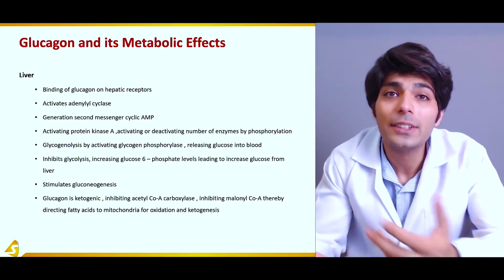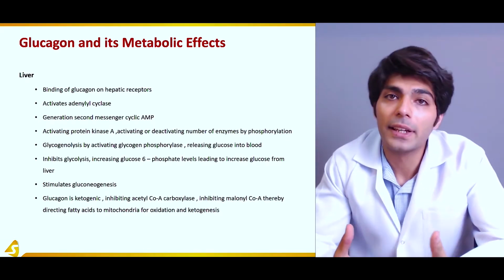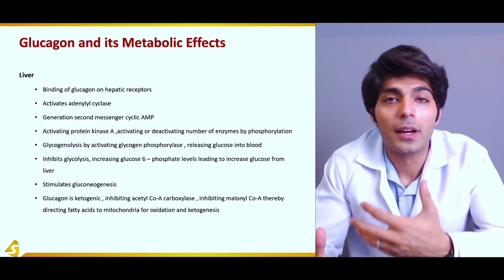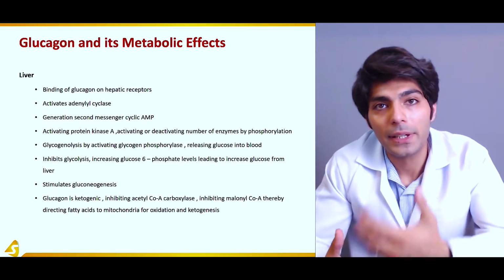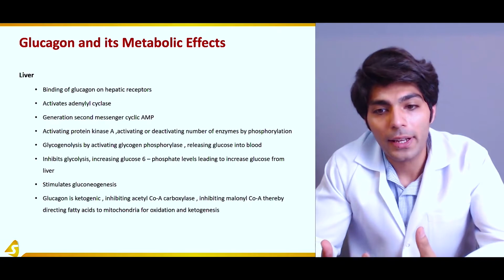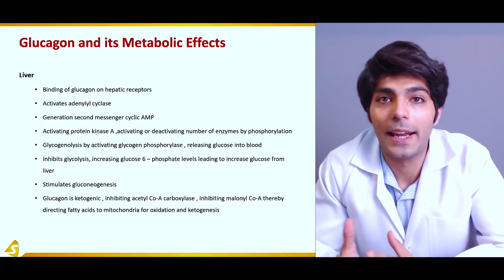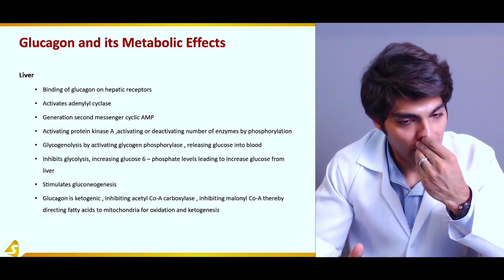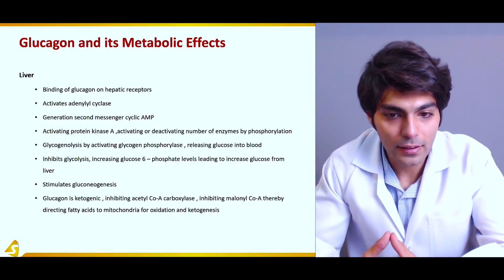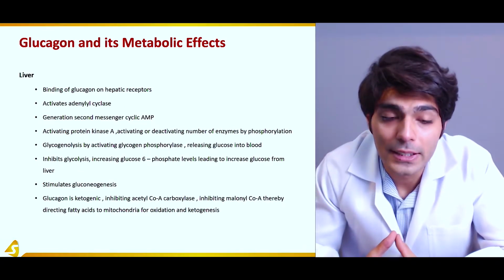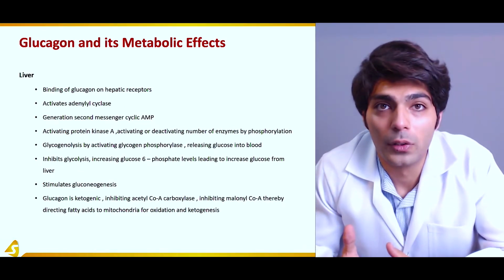The glucagon is ketogenic, inhibiting the acetyl-CoA carboxylase, inhibiting malonyl-CoA, thereby directing fatty acids to mitochondria for oxidation and ketogenesis. So formation of ketone bodies occurs by directing the fatty acids to mitochondria for oxidation.